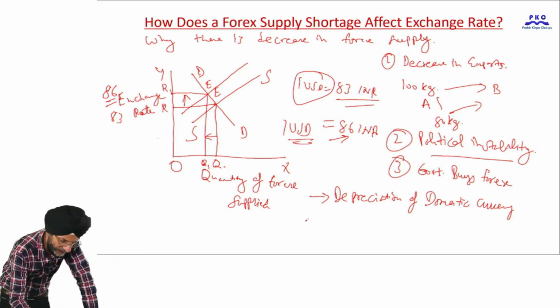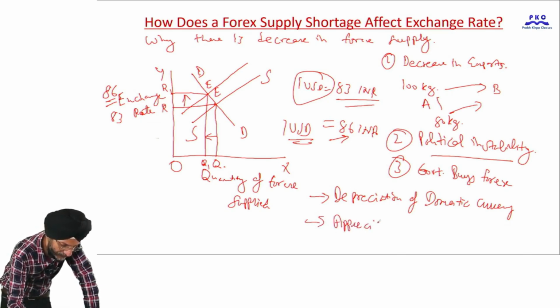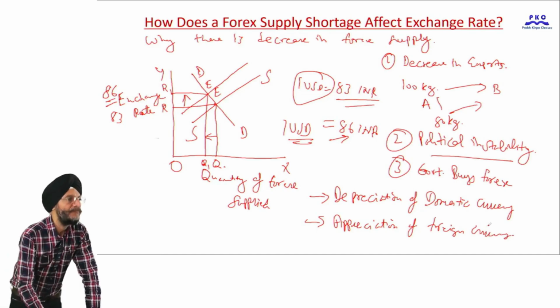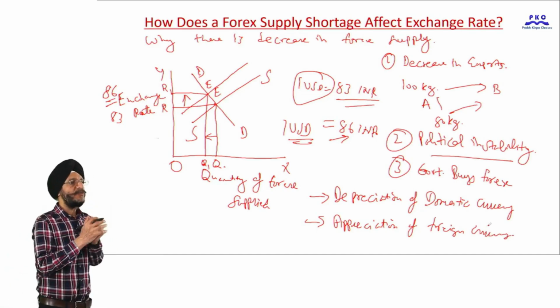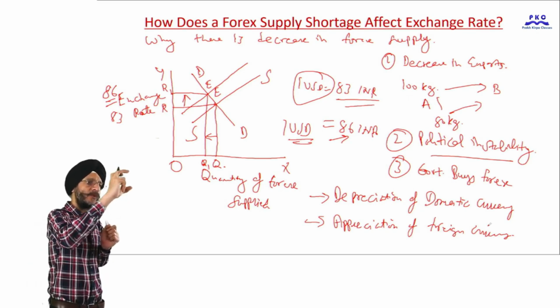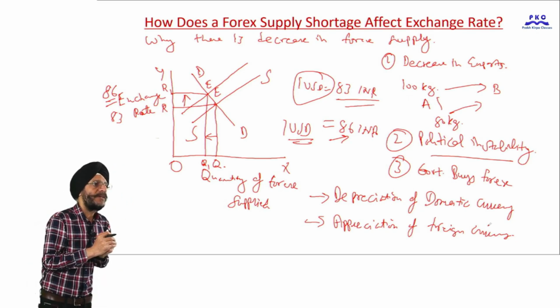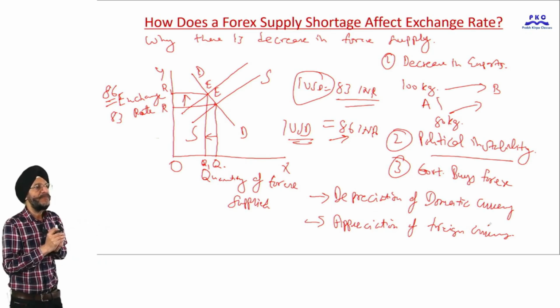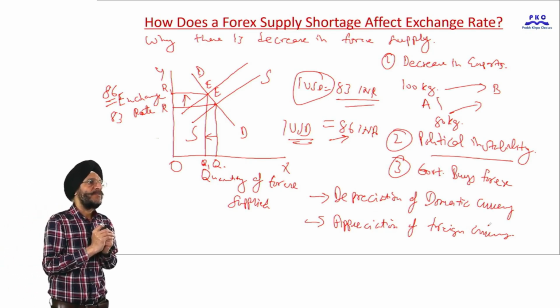It also means that there is appreciation of foreign currency. How is it? Earlier the residents of USA were getting 83 Indian rupee for $1, but now they are getting 86 rupees for $1.